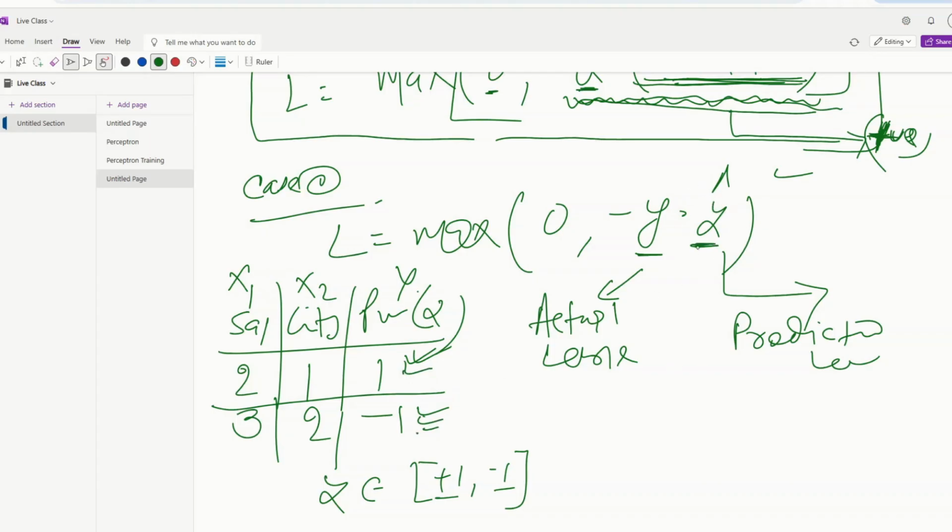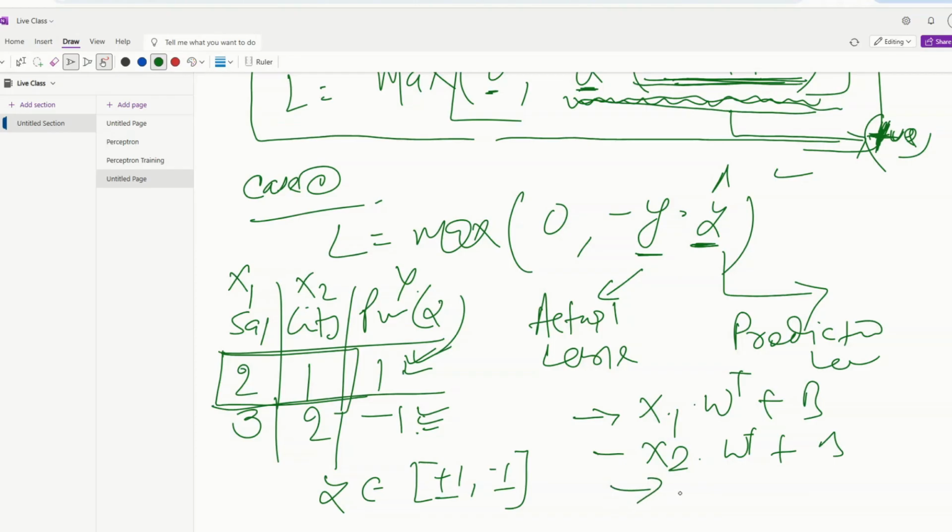So what is y predict? If you do the forward propagation, let's suppose I'm taking the first row, 2 and 1, and for it I have some weight and bias, right? In forward propagation we do x1 into weight plus b, similarly for x2, weight plus b. This I have already covered, right?